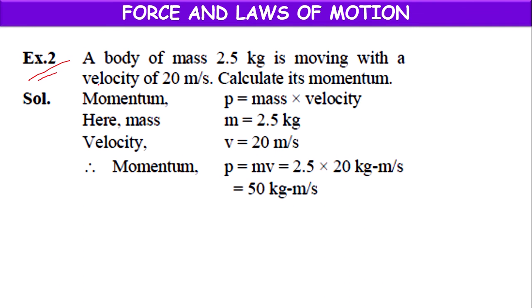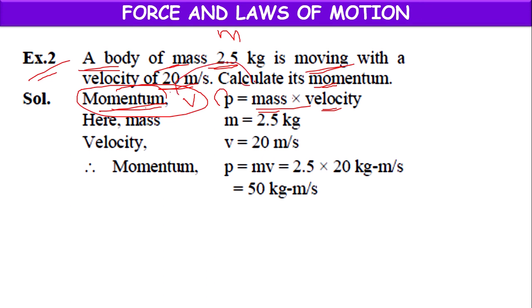Next, example 2. A body of mass 2.5 kg, M value 2.5 kg, is moving with a velocity of 20 meter per second, V value 20 meter per second. Calculate its momentum. The formula of momentum is mass into velocity, because it's a product of mass and velocity.